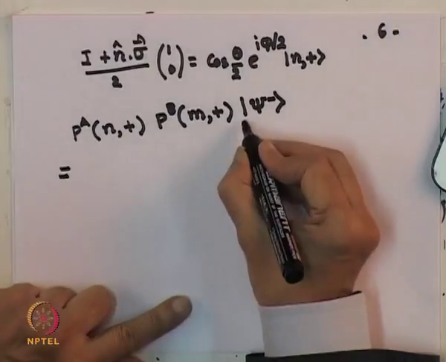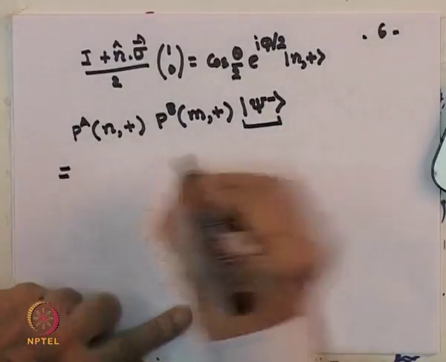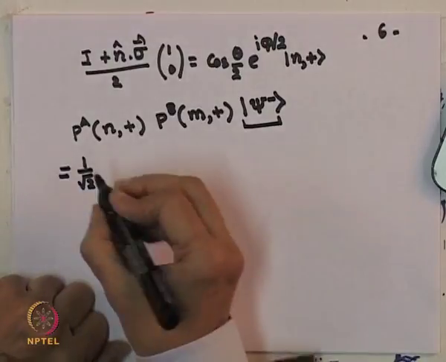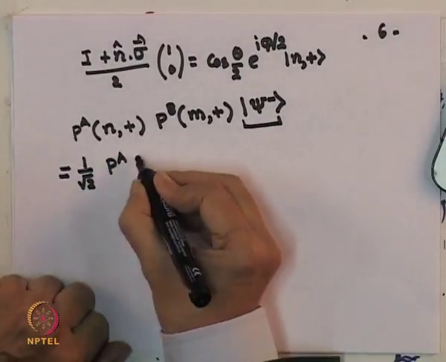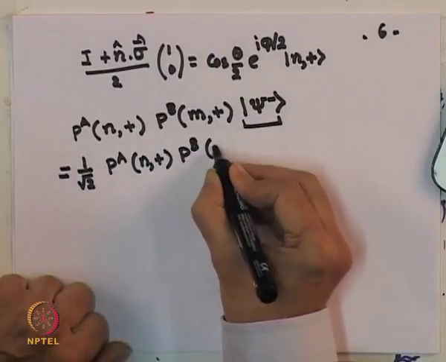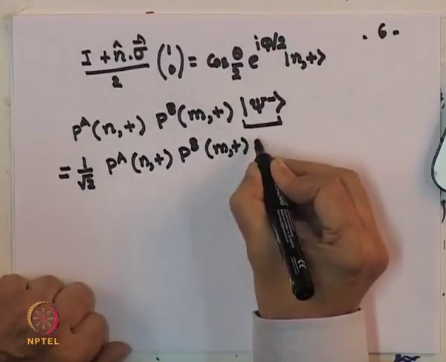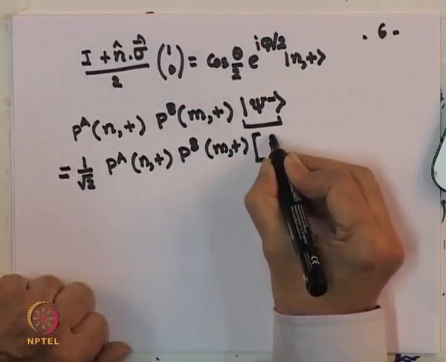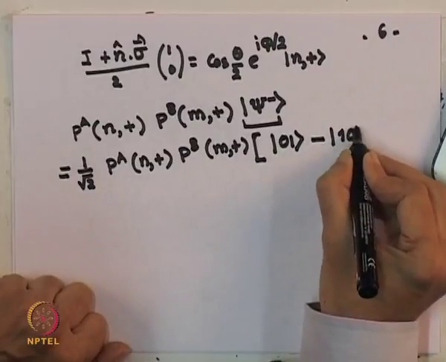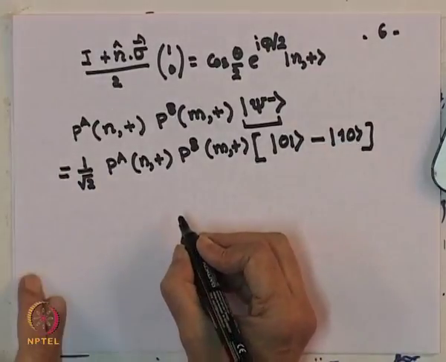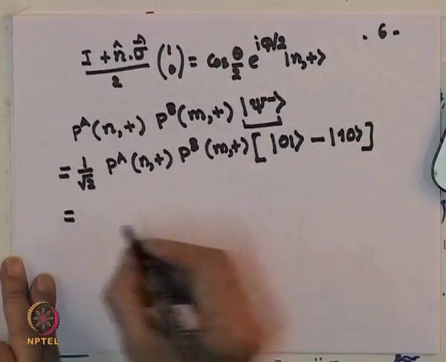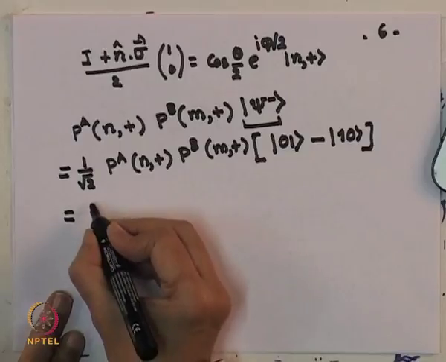Now look at this, since this psi is 1 over square root of 2, which we retain as it is, let me rewrite this, n plus times m plus acting on 0 1 minus 1 0. Use the four relations that I have shown in the slide. So this is giving me 1 over square root of 2.